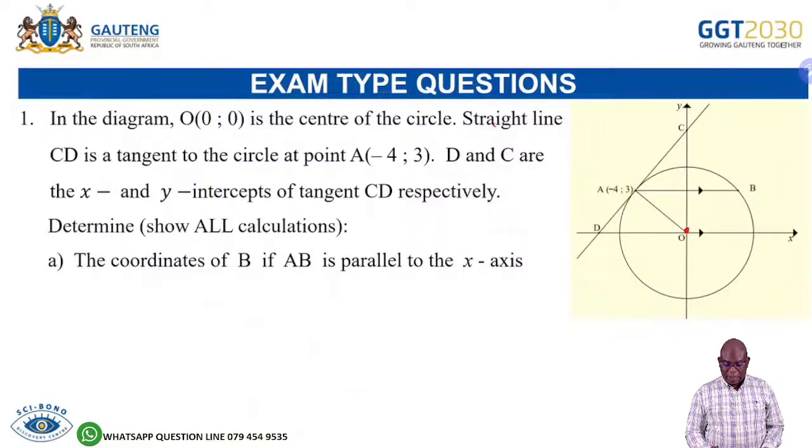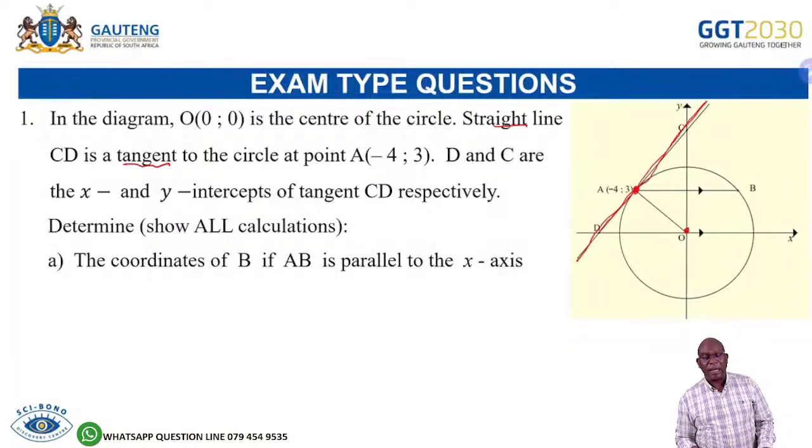The straight line CD, you see that line CD here, is the tangent, which means that it touches the circle at only one point there. The point that is given is -4 and 3.